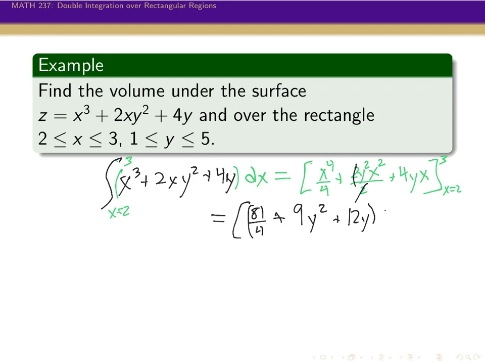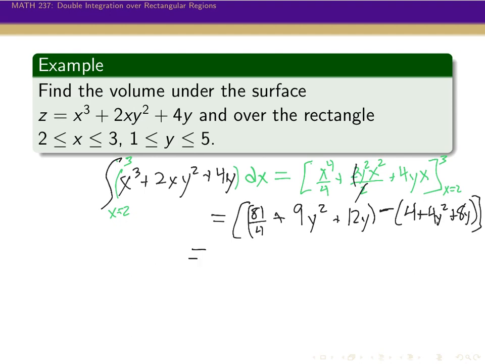That's what I get for plugging in 3. Then I subtract off what happens when I plug in 2. 2 to the 4th is 16 divided by 4 gives me 4, plus 4y squared plus 8y, right? And then I think we can simplify this down a bit more.